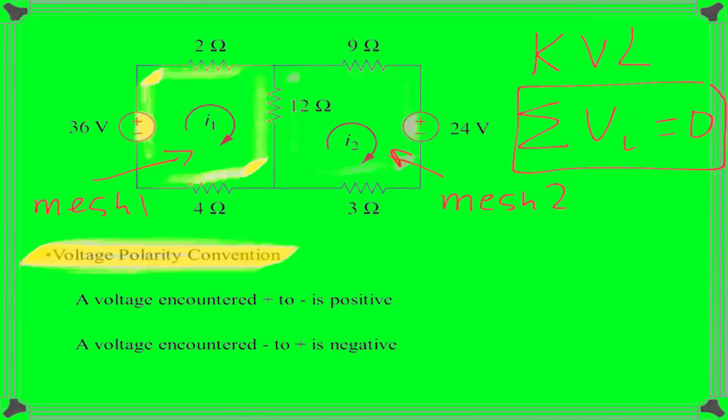Let's say you select a single element, and you follow the direction of the current, and the current flows from plus to minus, the voltage is assigned as positive. So let's say plus V. And the other way around, if the current flows from minus to plus, the voltage will be assigned as negative V.